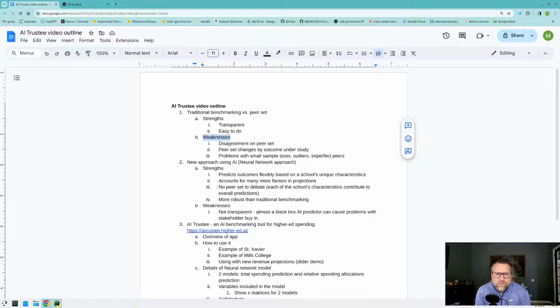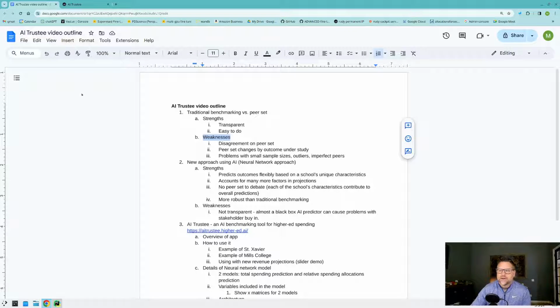Even if I showed you all of the weights that its training learns, it's going to be really difficult to figure out exactly how it is making the predictions it does. You can do it with some effort, but it's not as clear cut as just comparing your values to a mean in a peer set.